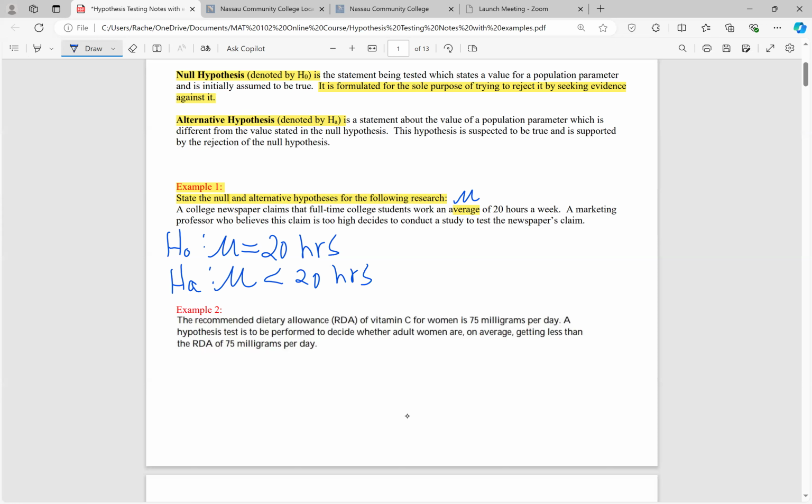Because if you think that's too high, you think it's really lower than that. So that's how we state a null and an alternative hypothesis. You have to use the appropriate symbol for your parameter, and then the null is always going to be equal. It's going to be that the parameter is equal to some value. And then the alternative is just going to be something different than an equal sign, either less than, greater than, or not equal to.